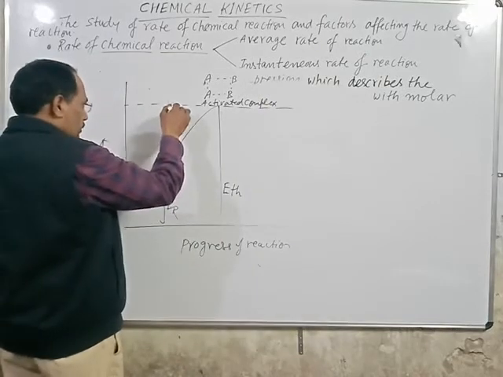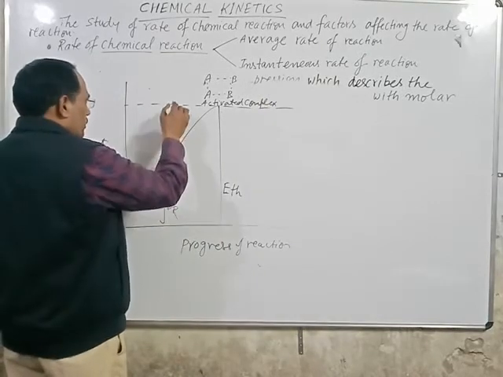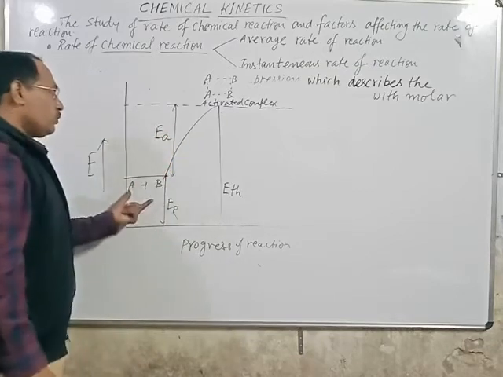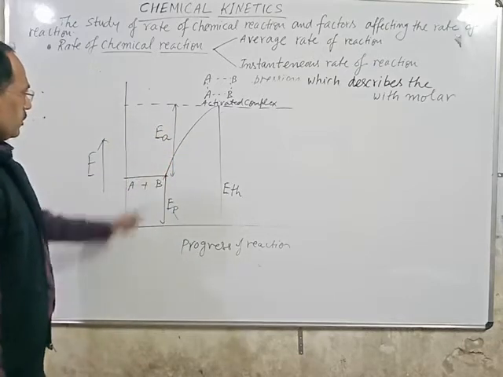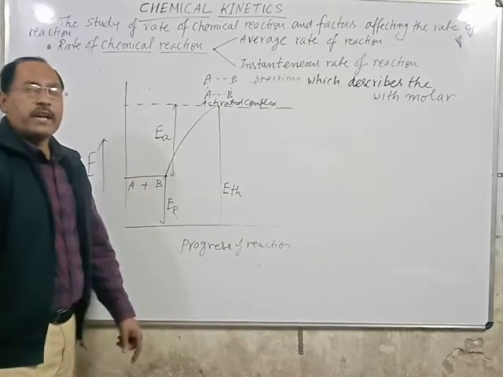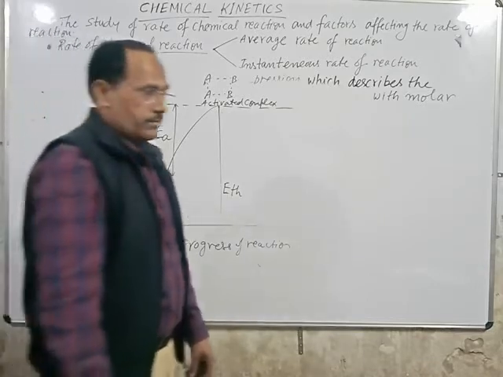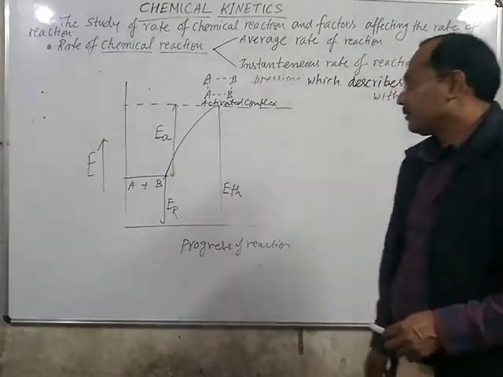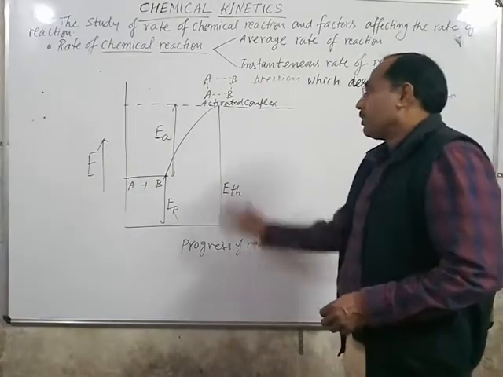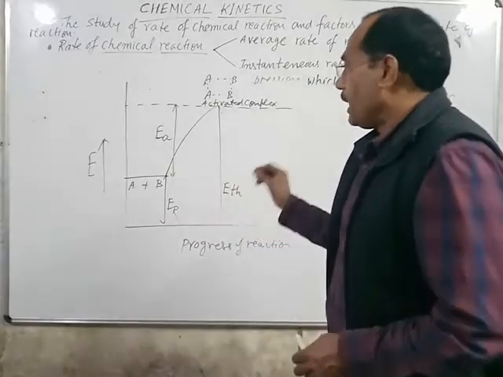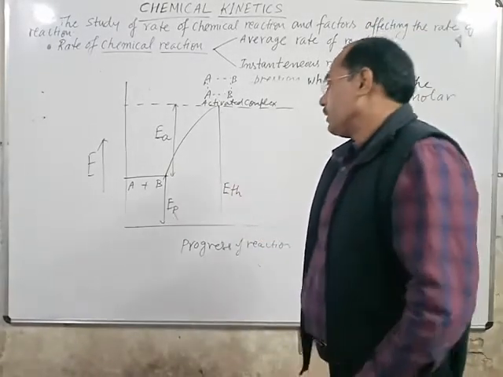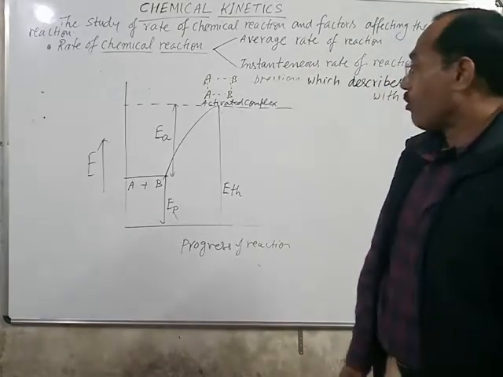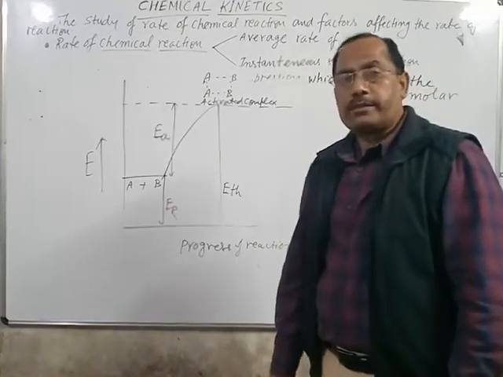Now this amount of energy is required by the reactant to form activated complex. This energy is called energy of activation. So what is the meaning of energy of activation? Energy of activation means the minimum amount of energy required by the reactant to form activated complex.